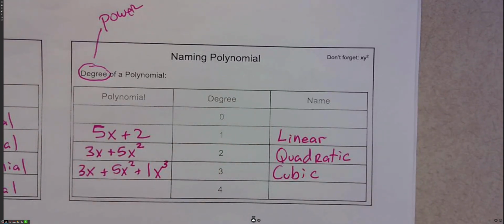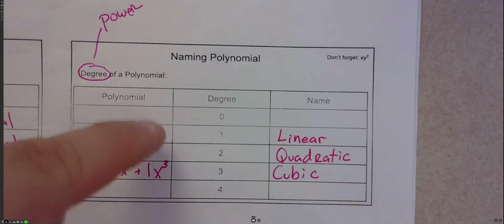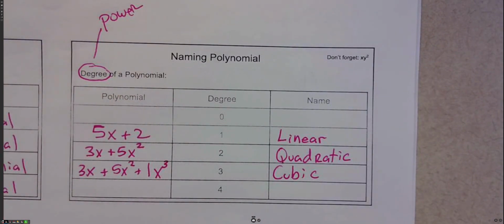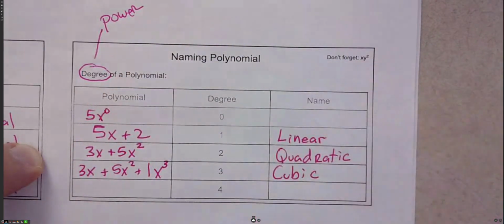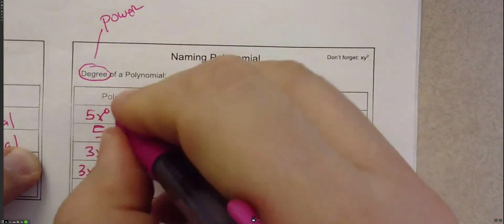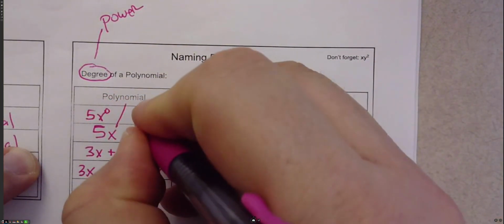Give me an example of a polynomial with 0 degrees. I like 5x to the 0, but we would not write it that way. We would write it as really just 5.